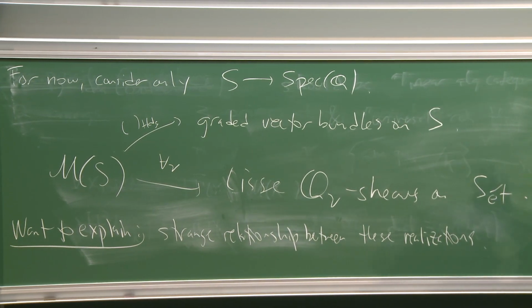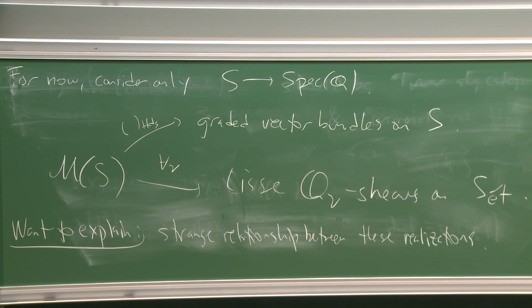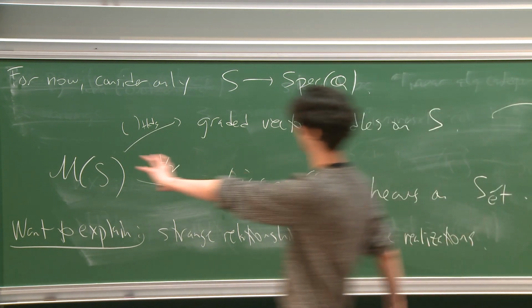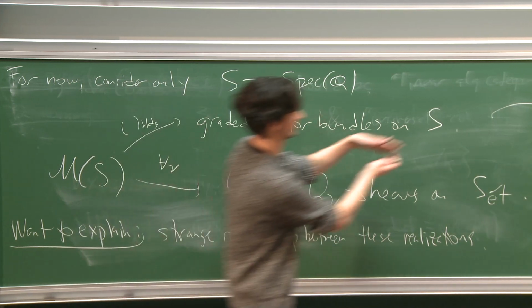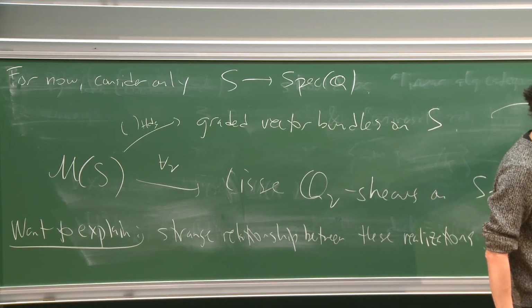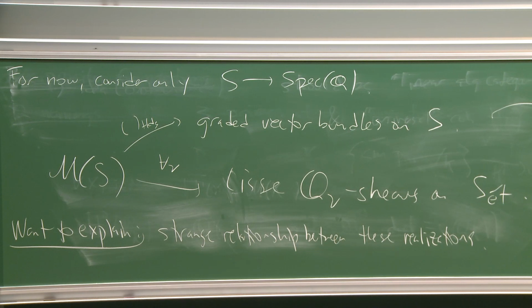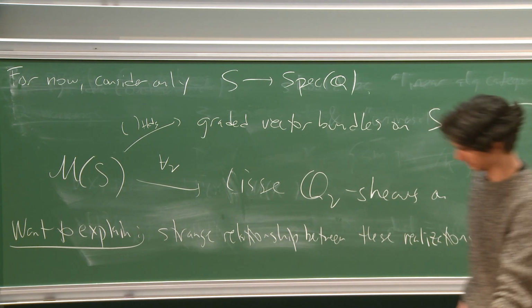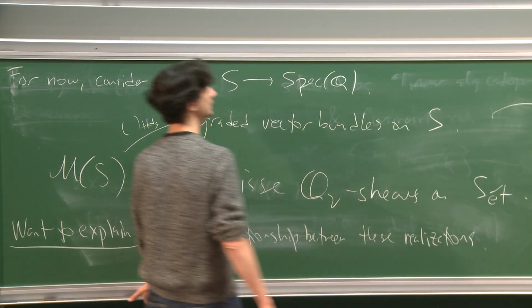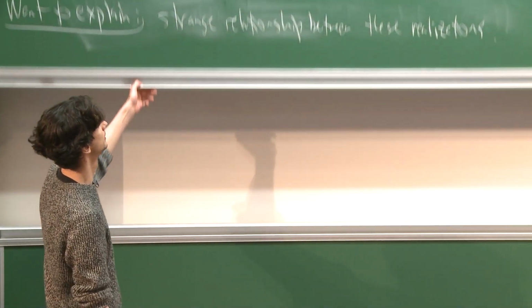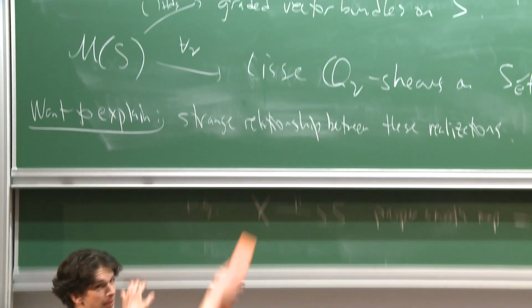They are objects of completely different nature, but what I'm going to say is that somehow from each one of them you can extract the same kind of object, which I'll turn to and explain next. And then if you start with something here and you do all these realization functors, you get the same kind of object, and there's going to be a relationship between them. After that, I want to explain the evidence for this conjecture and some practical consequences that you can extract from it, some known consequences. Okay, so what goes in the black box up there?